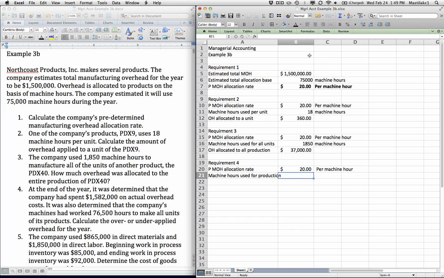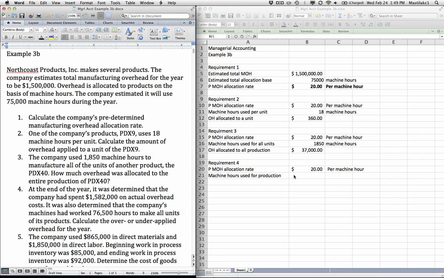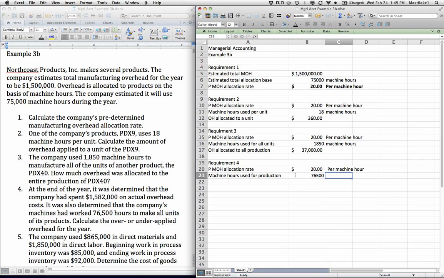In this case, it's for production of all units of all products, and we're told here that that's 76,500 machine hours. And so the overhead allocated to all production for the entire year is simply going to be $20 times 76,500 machine hours, or $1.53 million. So that's the total amount allocated to production.